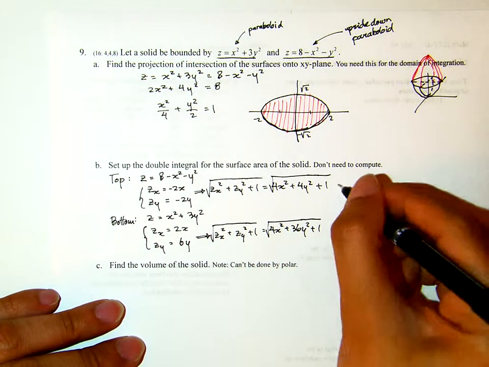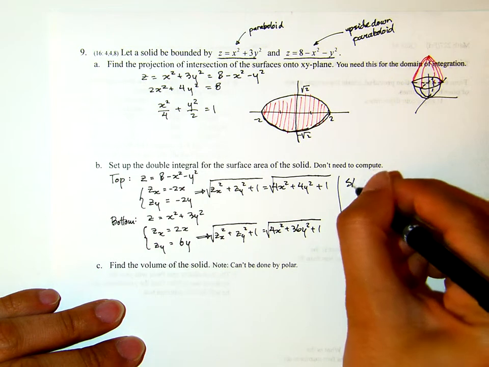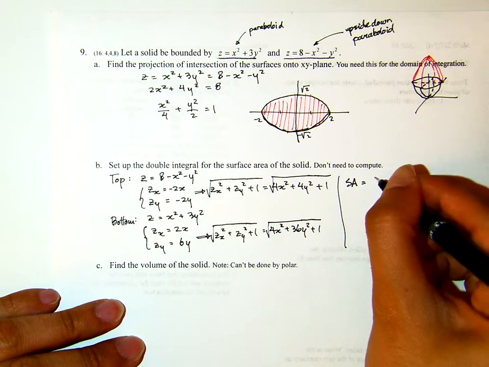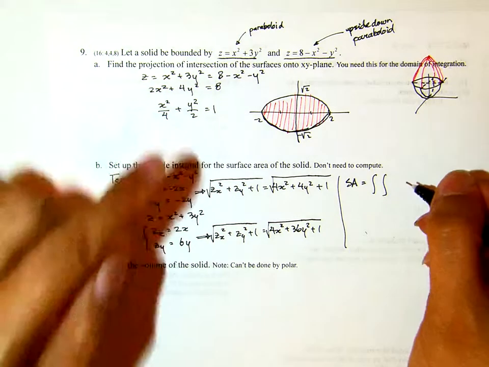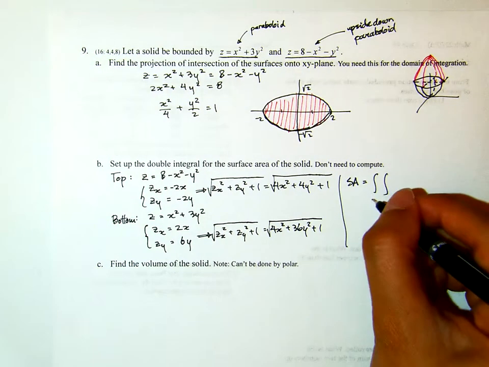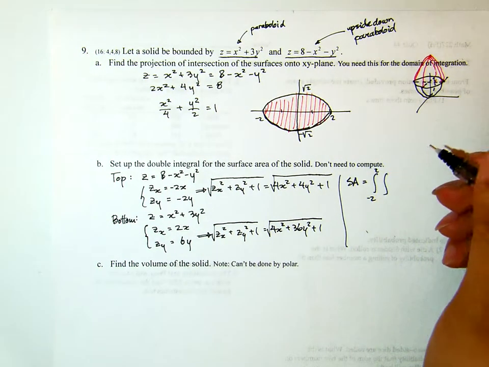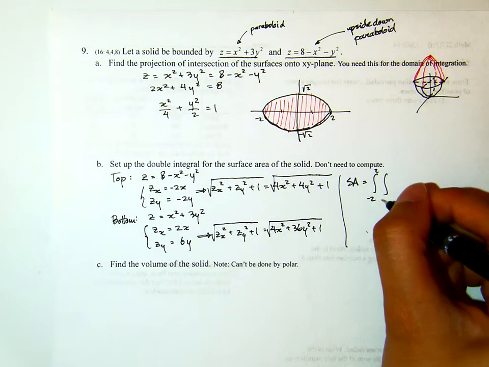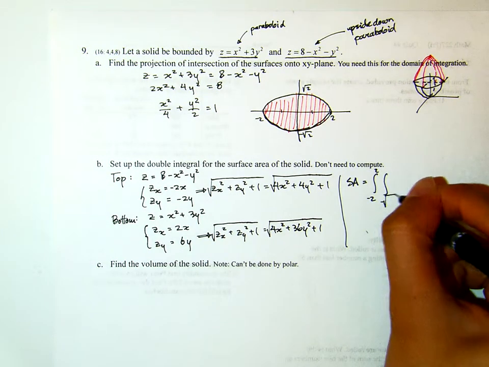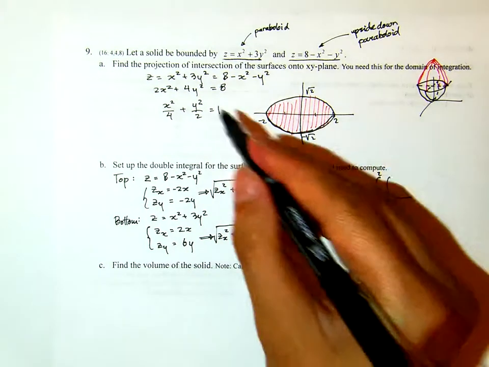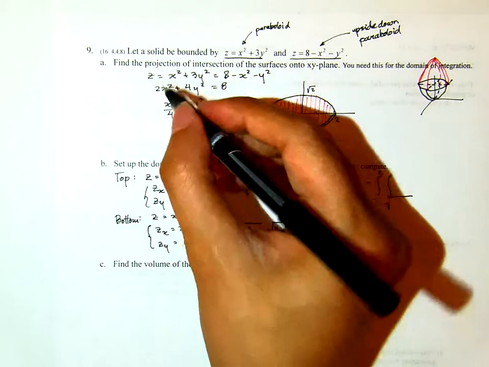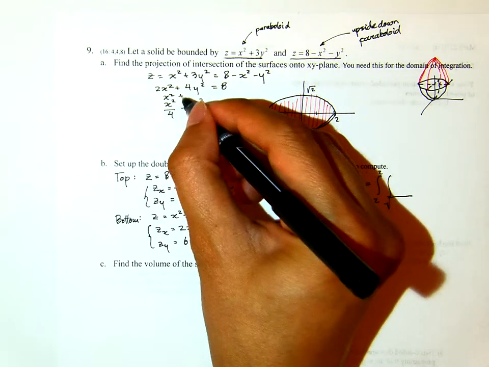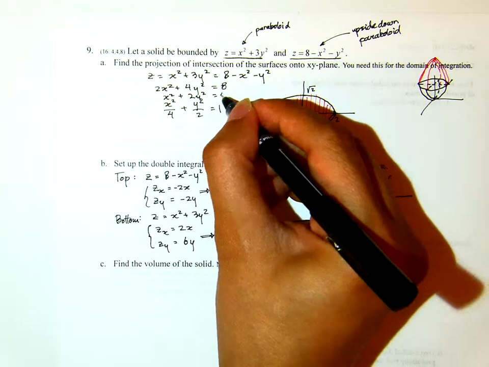Okay, so surface area will be given by the double integral of that domain, right, which is from -2 to 2, and then from negative square root of, if I solve for y, that would be x squared plus 2y squared equals 4.